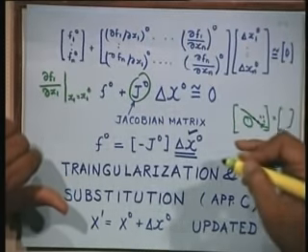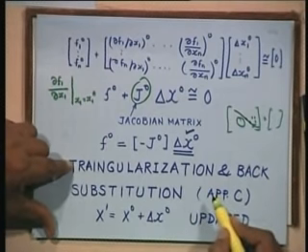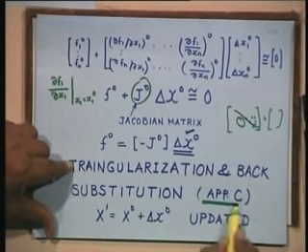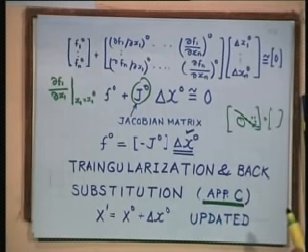This is called triangularization and back substitution. The details of this are given in appendix C in your textbook. So you can go to appendix C. There is a solved example given there, a 3 by 3 matrix.